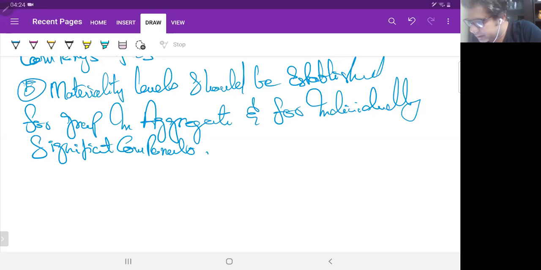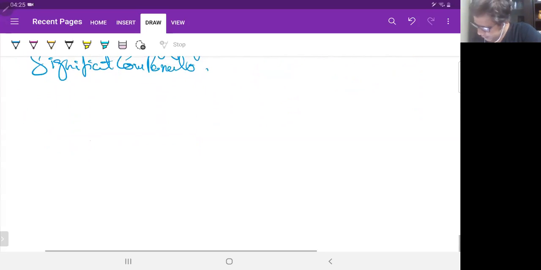If a component has been determined to be significant due to its specific nature or circumstances rather than its size, then either the group audit team or a competent auditor on its behalf must perform one or more of the procedures.